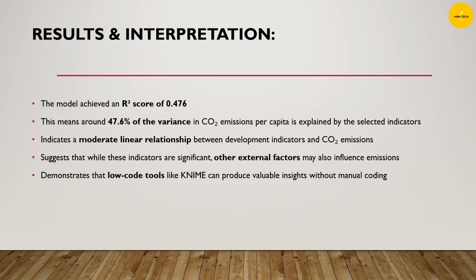The results and interpretation: the model achieved an R-square of 0.476, meaning about 48% of the variation in emissions can be explained by the selected development indicators. While this is moderate, it shows these indicators are meaningful and confirms that low-code tools can produce actionable insights.